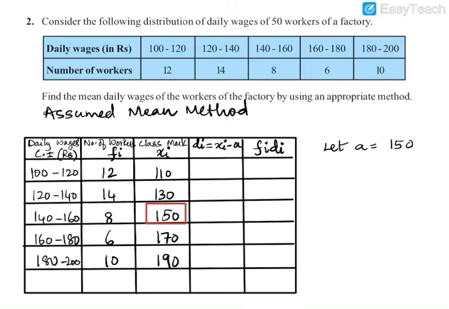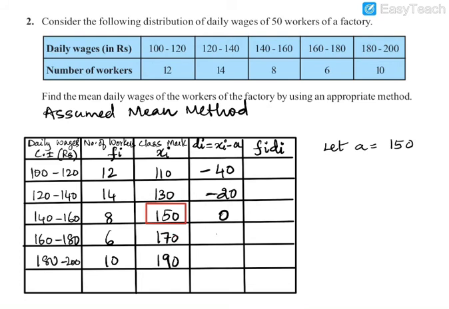Now we will find di for each of the xi's. So 110 minus a, that is 110 minus 150 is minus 40. Then 130 minus 150 is minus 20. 150 minus 150 is 0.